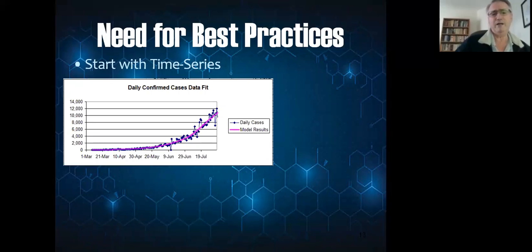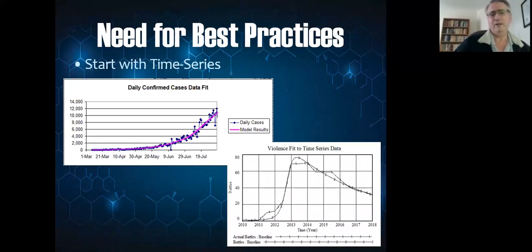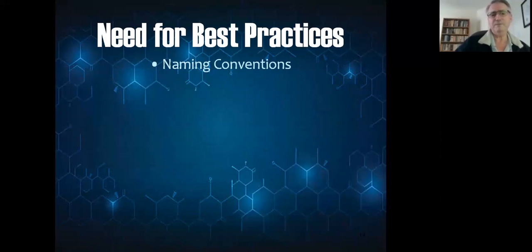Here's time series data on the daily confirmed cases of COVID in Colombia over a period of time. Here's a time series of data on the number of battles in the Syrian civil war between 2010 and 2018. So these are two time series that I collected before I started working on these models.